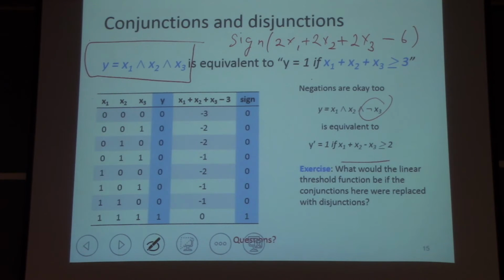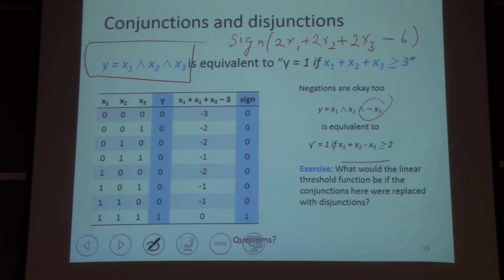That's okay. What about disjunctions? Well, first of all, this is the same line as the one before. But in general, I can create other linear threshold units by basically moving it by epsilon. For conjunctions, it's a bit more tricky. For disjunctions, actually, it's much easier.